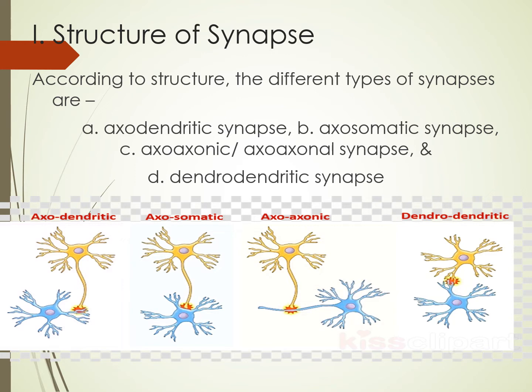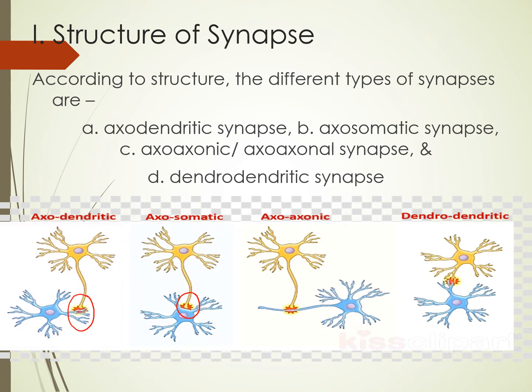See here, according to the structure, synapses are of four types. The first one is the axodendritic, where the presynaptic neuron's axon and the postsynaptic neuron's dendrite are involved. The second one is the axosomatic synapse, where the presynaptic neuron's axon and the postsynaptic neuron's soma are involved.